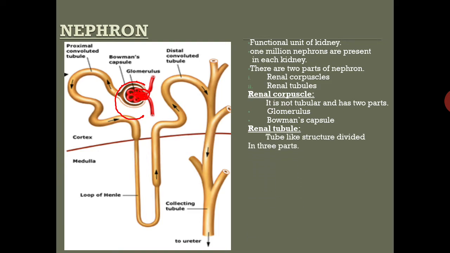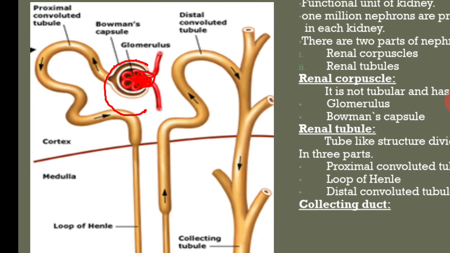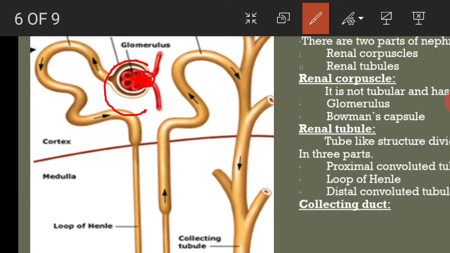It is divided into three parts: proximal convoluted tubule, loop of Henle, and distal convoluted tubule. The first portion is the proximal convoluted tubule, this U-shaped structure is the loop of Henle, and the last part of the tube is the distal convoluted tubule.